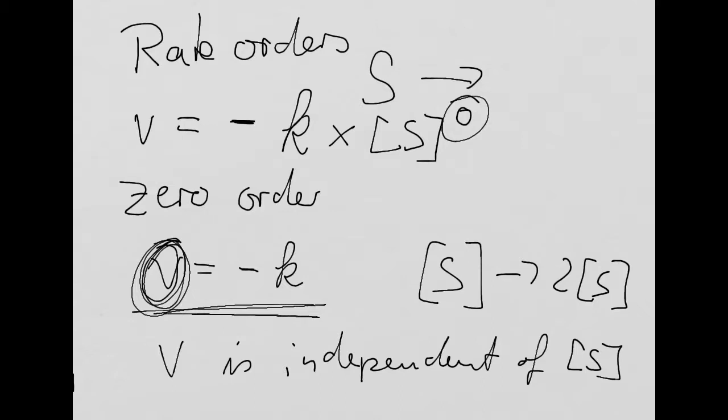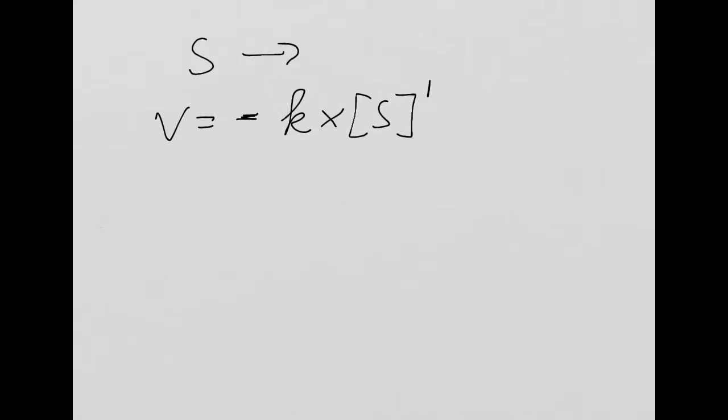Okay, fine. Let's have a look at another one. V equals minus K times S to the power of 1. What is the order? It's a first order reaction, yes. Absolutely right. What would happen if instead of S, I take 2 times S?